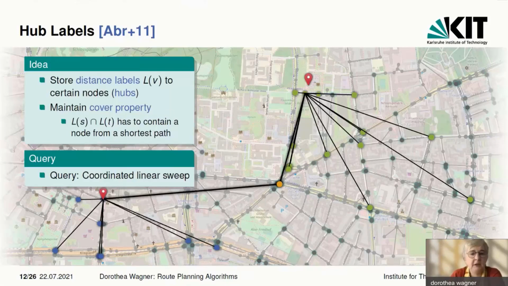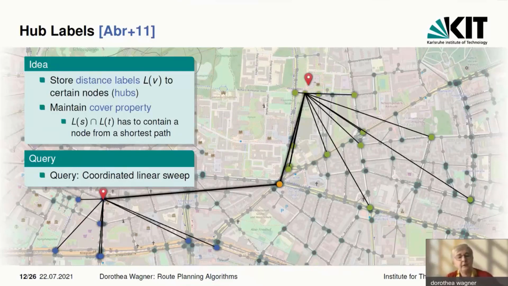That means if we select the source node S and the target node T, the following property needs to be fulfilled. The intersection between the set of labels for S and the set of labels for T is not empty, and in particular among the nodes in this intersection is at least one node that lies on the shortest path from S to T.